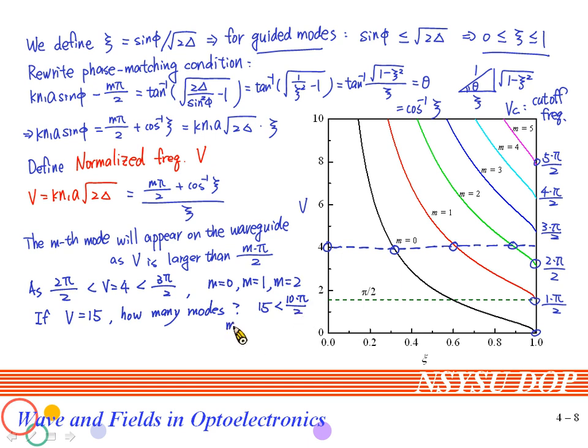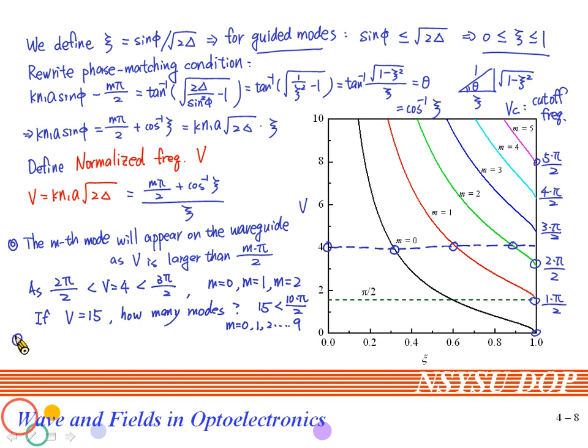So there will be m0, m1, m2 until m is 9. These modes will appear on this waveguide as the normalized frequency is 15. As a result, at this normalized frequency, there will be 10 modes on this waveguide. This is one property we can learn from this figure.